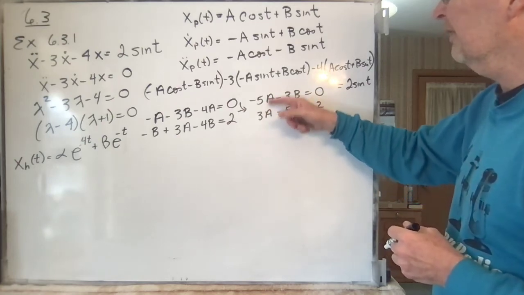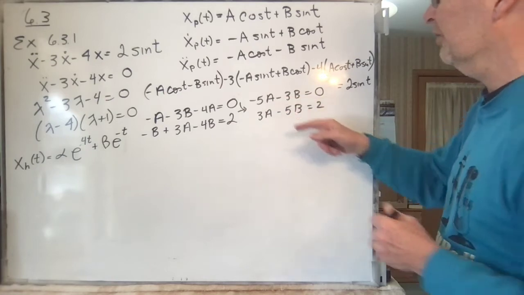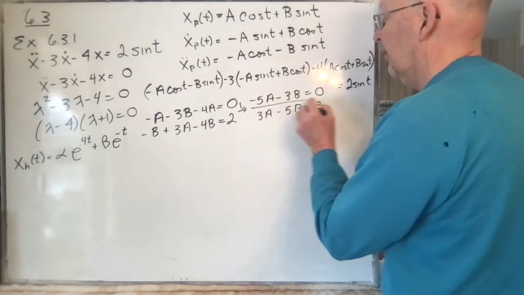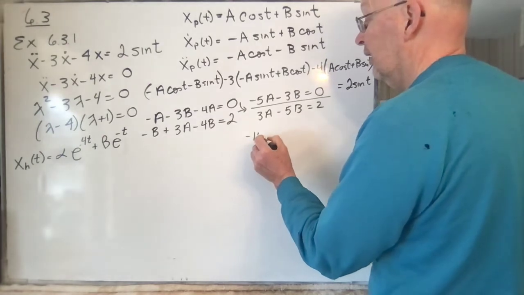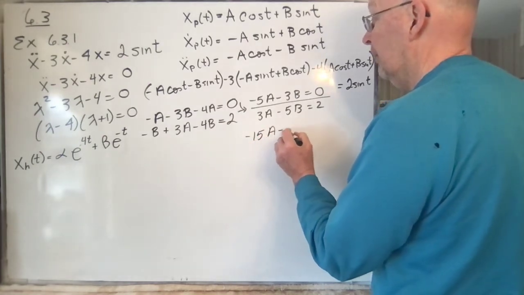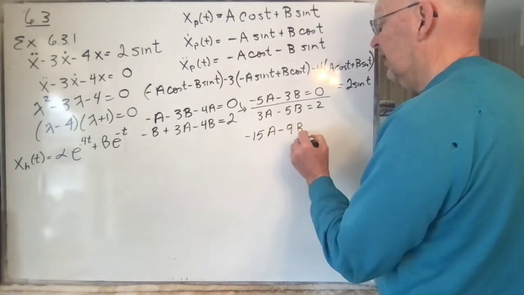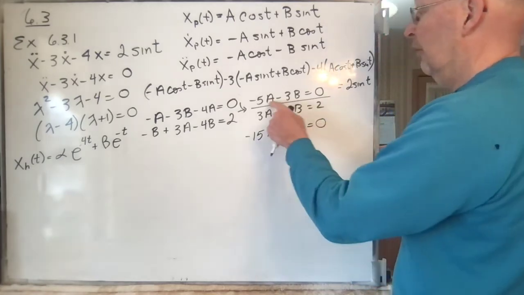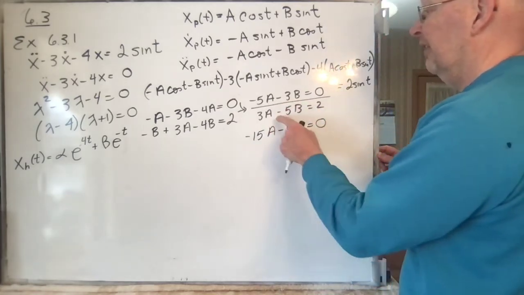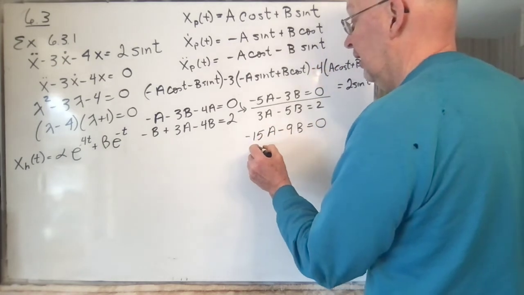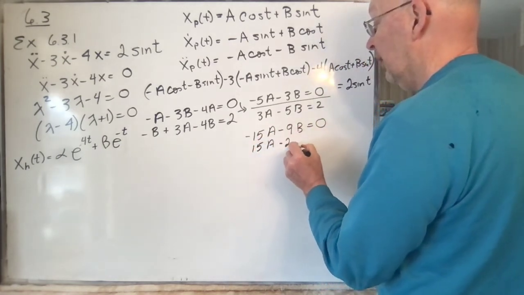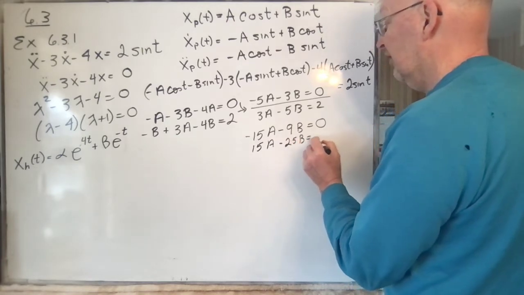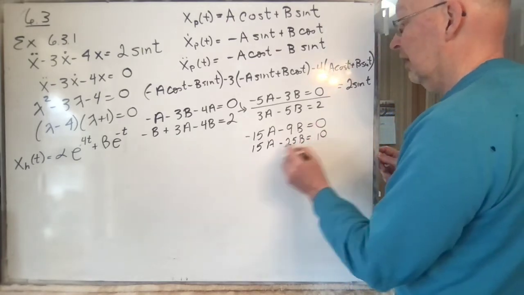And so let's get rid of the, well, let's see, how should we do it? Here, we already have different signs here, so let's multiply this thing by 3, and then this one by 5. So we're going to get negative 15a minus 9b is equal to 0, and I multiply that by 3, and now when I multiply this by 5, it's going to be positive 15a minus 25b is equal to 10. Agreed?